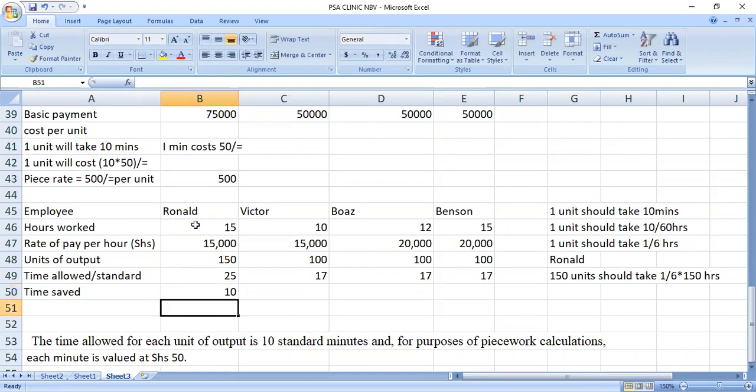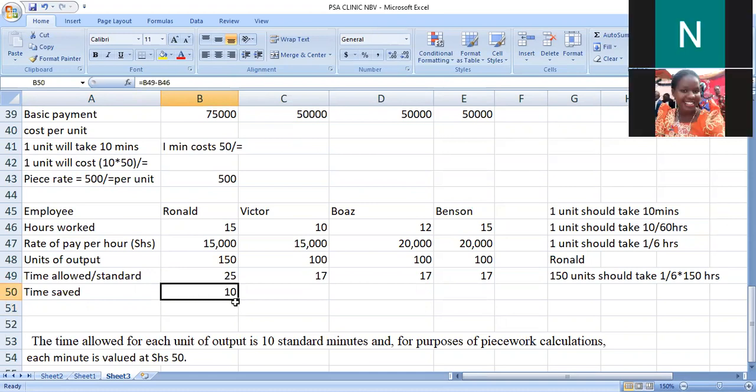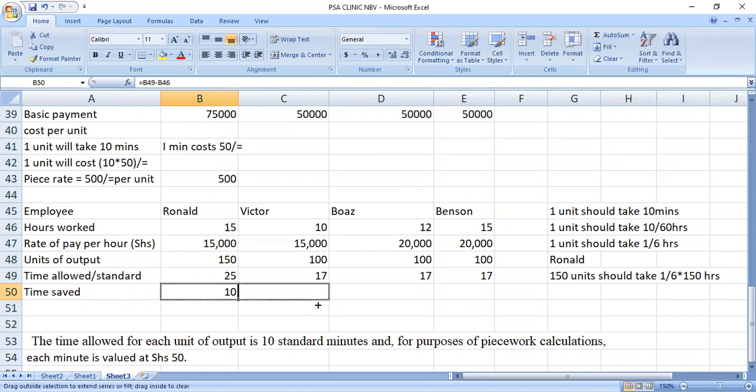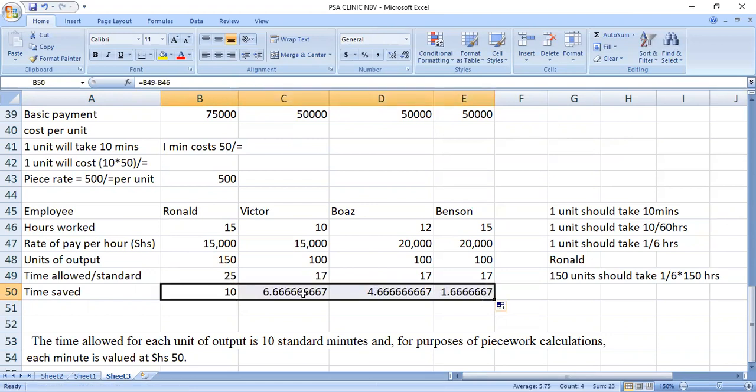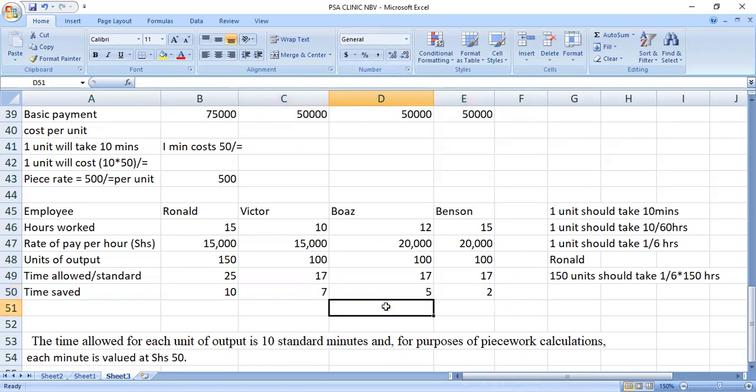So this is 10. They all have time saved because their actual is less than the standard. For this one I'm being fast because we already looked at it and I hope we're fine.